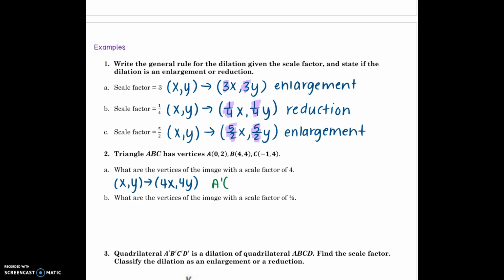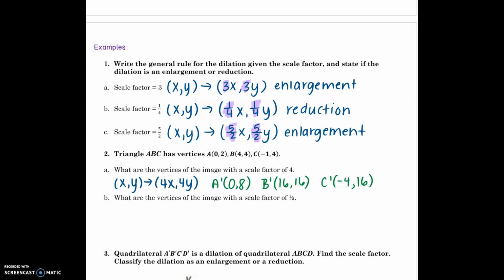So for A prime, we have 0 times 4, which is 0, and 2 times 4, which is 8. For B prime, we have 4 times 4, which is 16, and 4 times 4 again, 16. And C prime, we have -1 times 4 is -4, and 4 times 4 is 16.